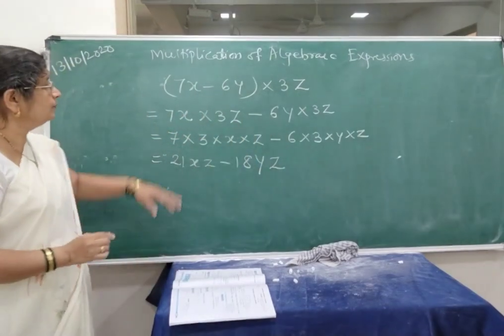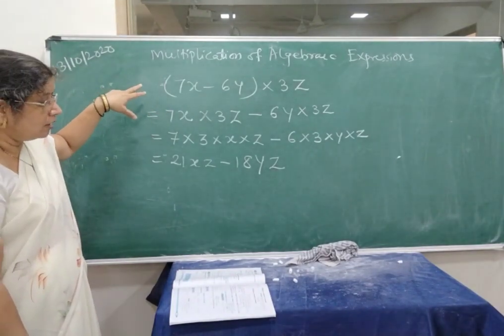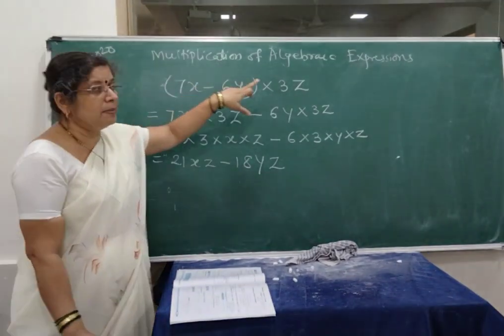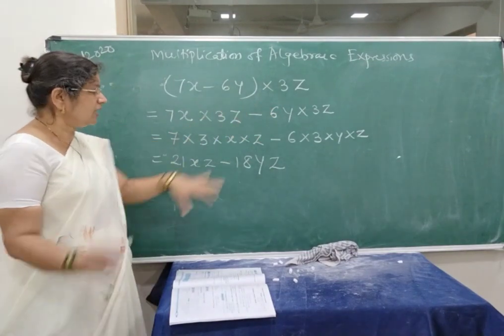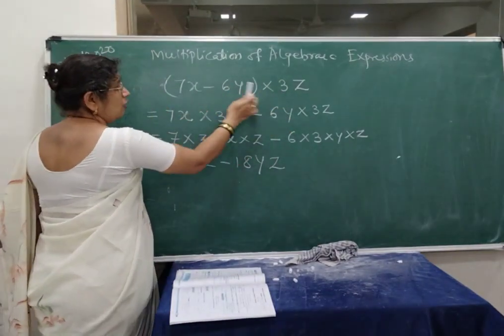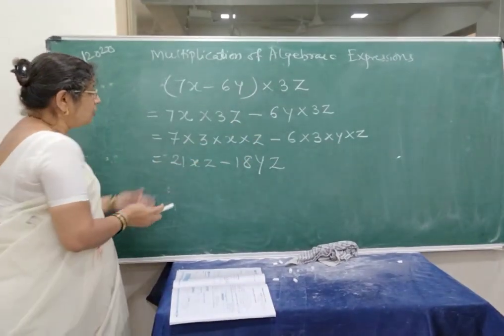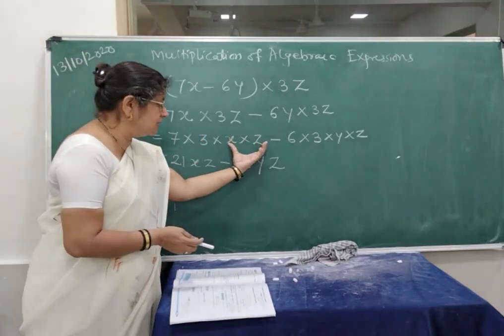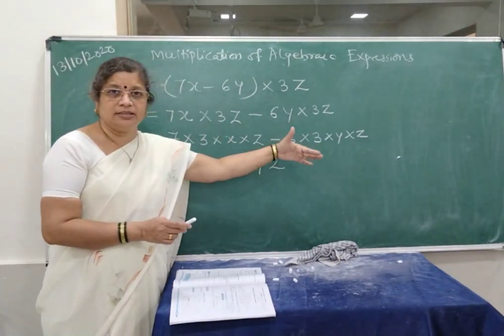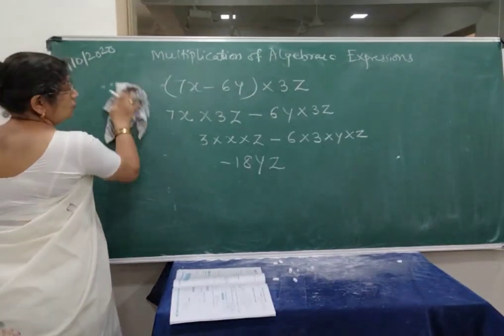This is how you multiply a binomial by a monomial. I repeat, 7x minus 6y into 3z. I opened the bracket, did term to term multiplication, then brought the coefficients together and the variables together, and then did the multiplication.